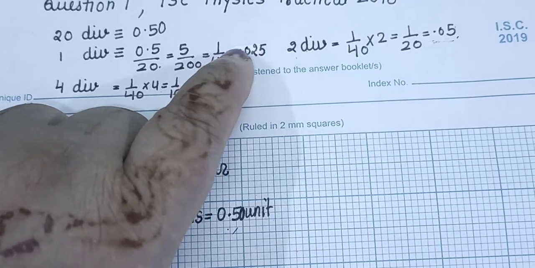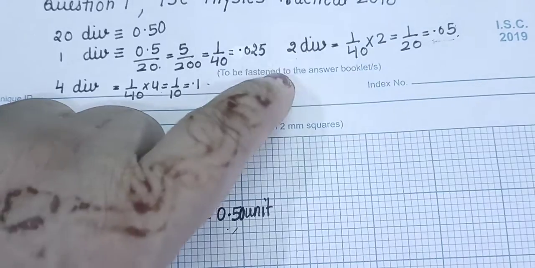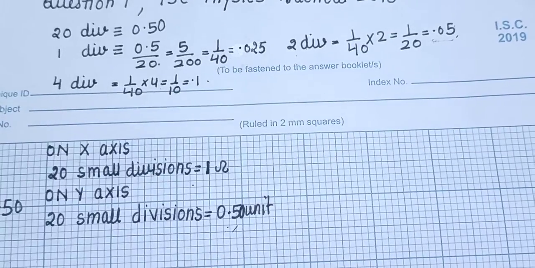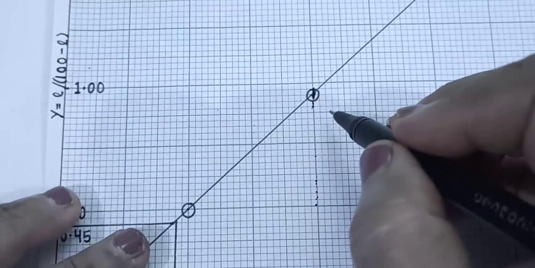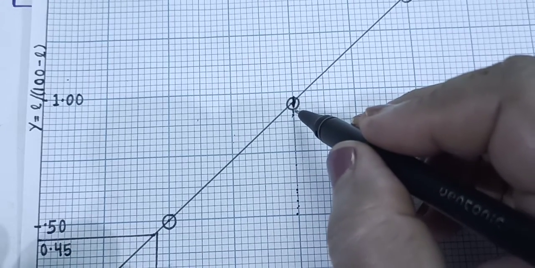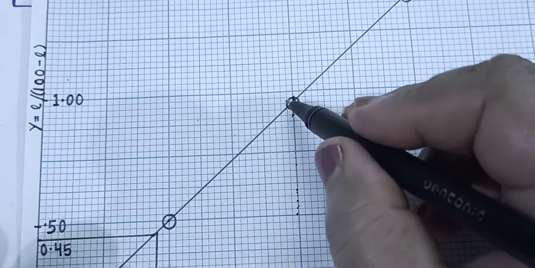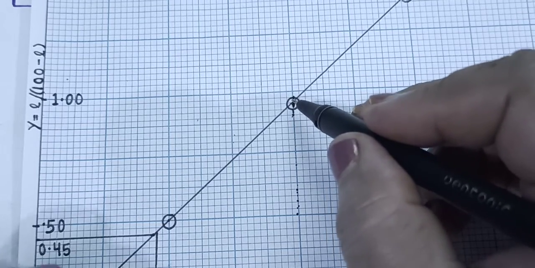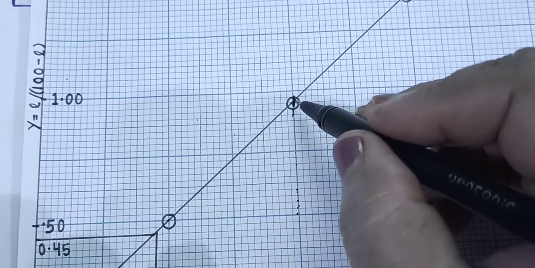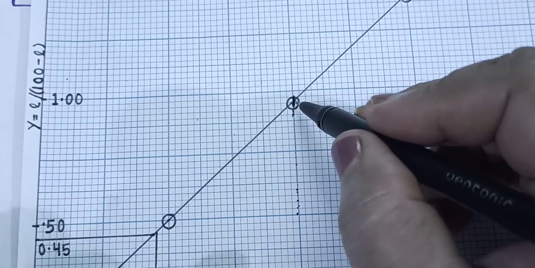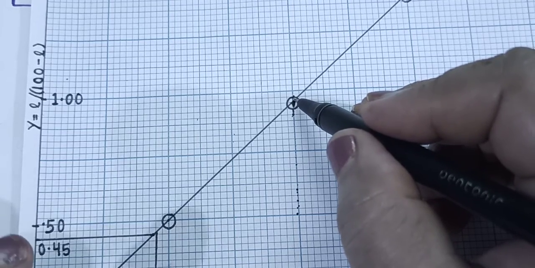So either I can plot 0.95 or I can plot 0.975. 0.95 is close to 0.96, so I only moved 2 and plotted 0.95, because I cannot plot 0.96. Either I can plot 0.95 or, moving one division up, I can plot 0.975.